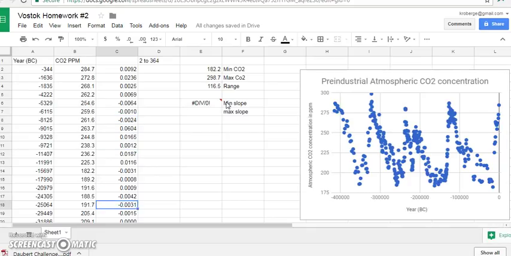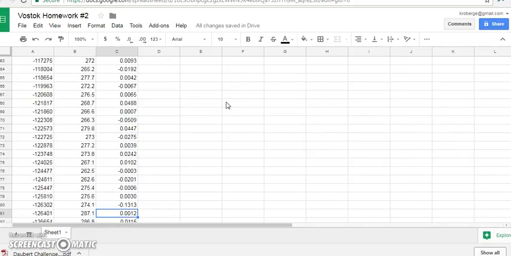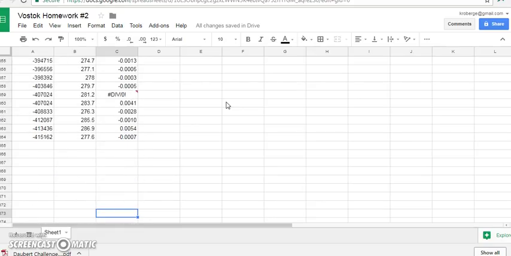So actually, let's scroll down through here. There's one funny number here. There's a division by 0, and I'll tell you why that is, or why it's likely anyway. Right there. So why is there division by 0? Let's delete that. You'll notice that these 2 years, 407,000 BC and 407,000 BC, are the same year.